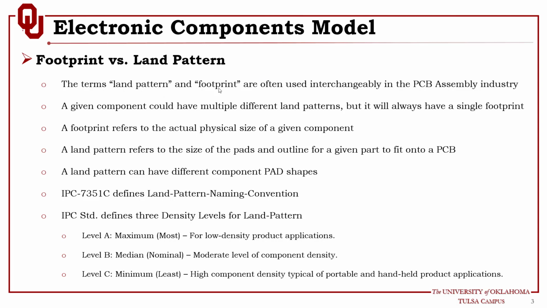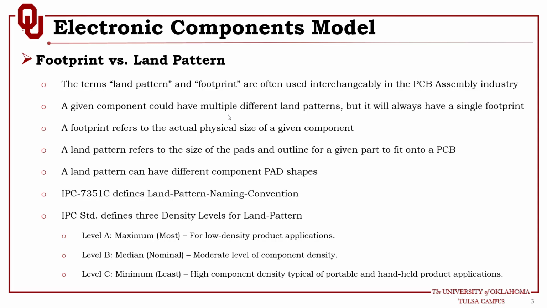The terms land pattern and footprint are often used interchangeably in the PCB assembly industry and also in PCB design. A given component could have multiple different land patterns. If you call the IPC standard for density level, it's a single physical component or single footprint for the same component, but it could have 3 different patterns or land patterns.